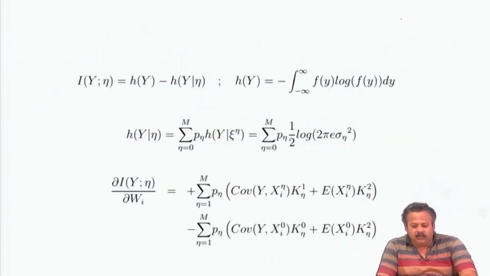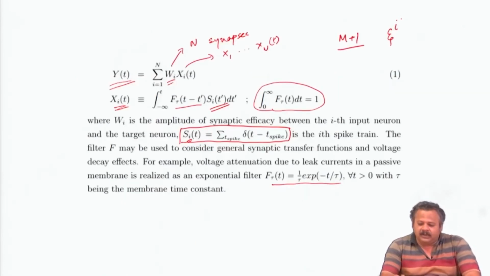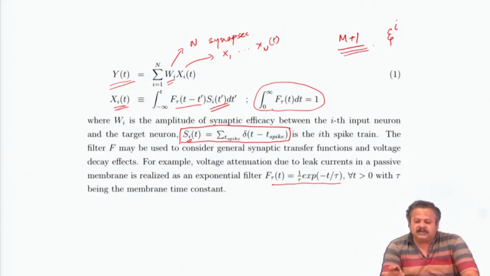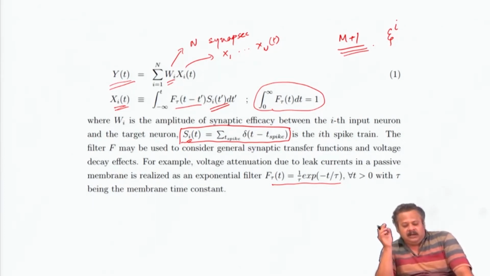If there are input patterns like that, with i going from 1 to n, then the system has to be able to discriminate all these m plus 1 patterns in the best possible way, which is essentially maximizing the mutual information between the input driven by a specific set of patterns and the output activity y(t).